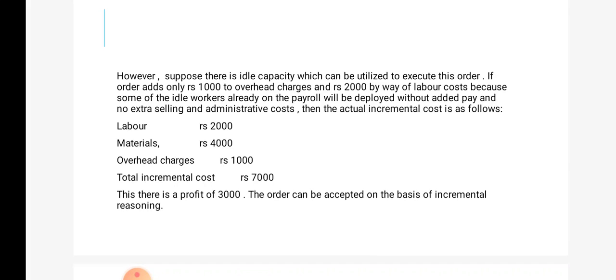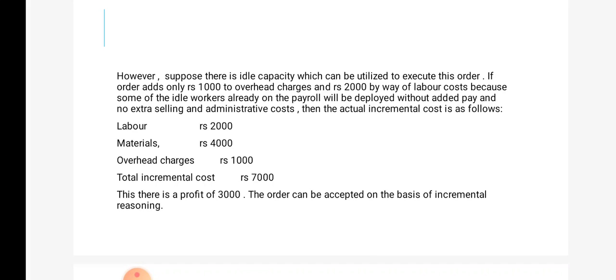That means there was already excess capacity where no extra investment is required. So the total cost is rupees 7,000. The revenue expected from this new order is 10,000, cost involved is 7,000, so there is a profit of rupees 3,000.